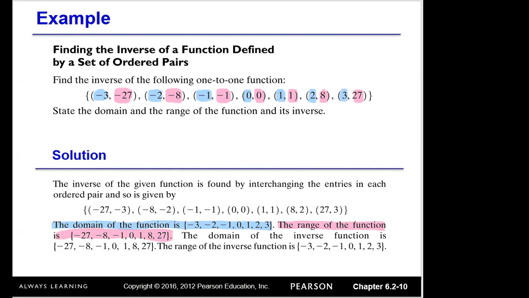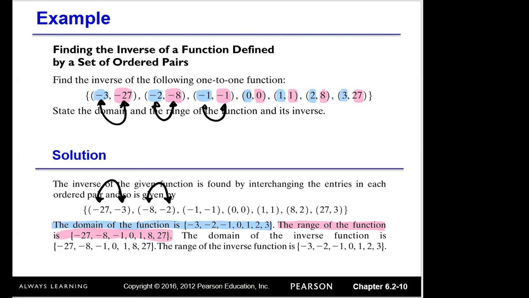All you're going to do is switch them. You're literally going to switch them. They take the -3, -27, and they switch it. They put the -27 as the X coordinate and the -3 as the Y, and they do that for all of them. Instead of -2, -8, it's -8, -2.